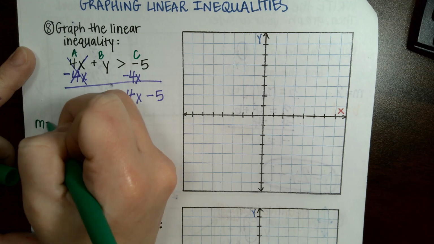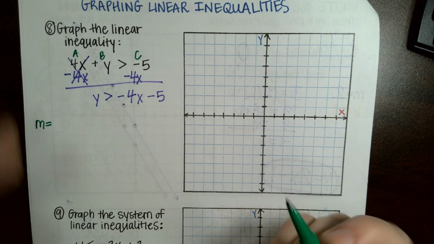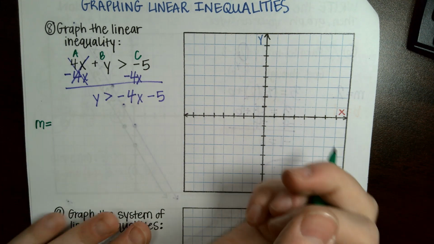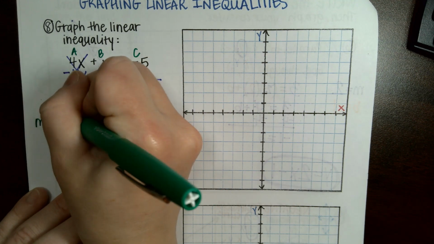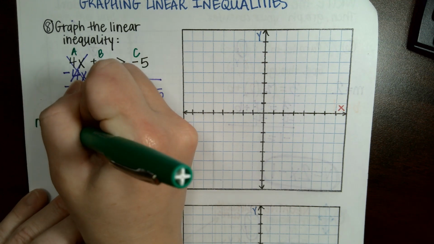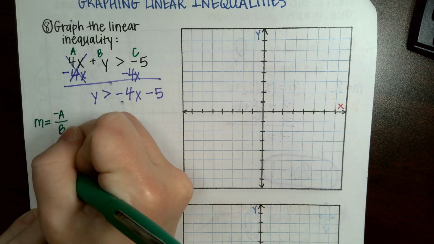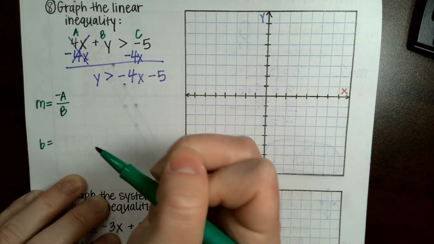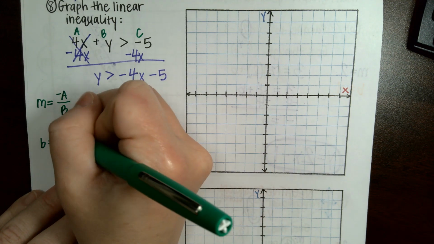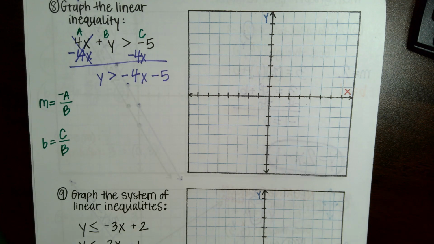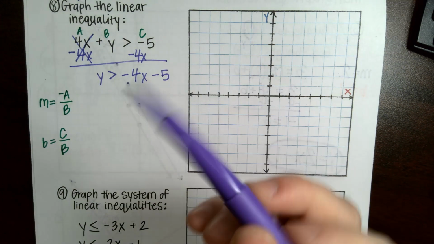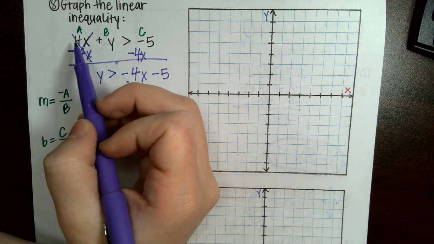All right, so to find our slope, what is that formula using A, B, and C? Negative A over B. Good, negative A over B. And then to find our little b, or our y-intercept, what do we use? C over B. Good, C over B. So what is our slope going to be?